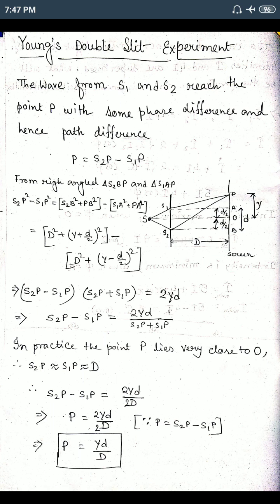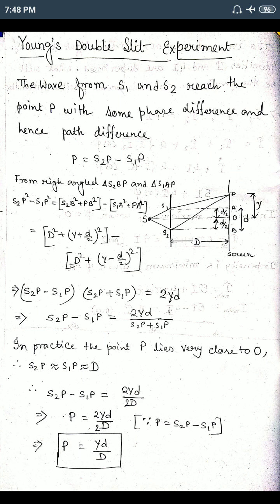How can we find it? It is geometry. From triangle S2BP and triangle S1AP, we can write S2P square minus S1P square equals S2B square plus PB square, minus S1A square plus PA square.